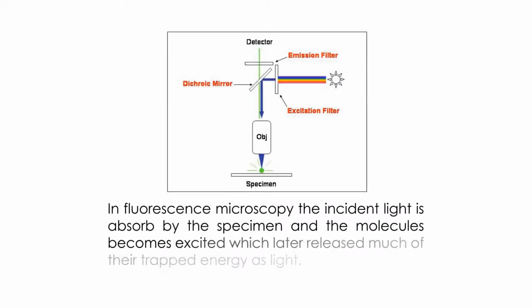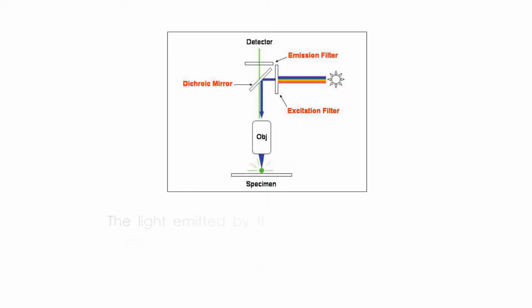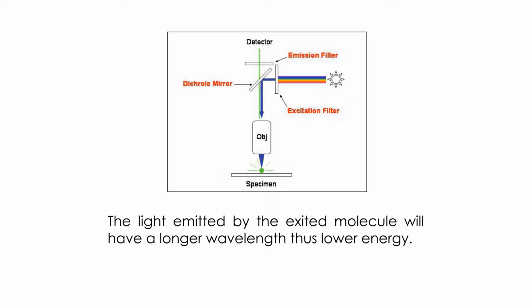In fluorescent microscopy, the incident light is absorbed by the specimen and the molecules become excited, which later release much of their trapped energy as light. The light that is emitted by the excited molecules will have a longer wavelength, thus lower energy.